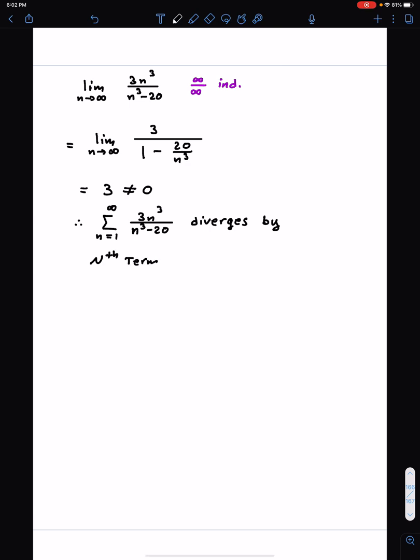And you have to write the condition of the test and the test that you used. By nth term test for divergence. So you have to show your knowledge of each test to satisfy the conditions.